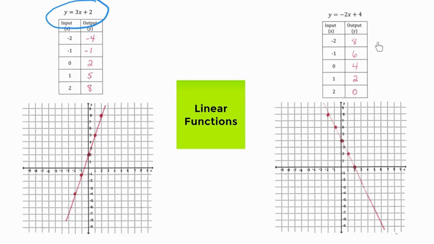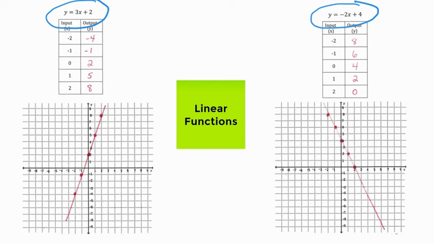Same over here. I'm not going to say too much about it. But when I have this equation, y equals -2x plus 4, I also can create a straight line with it. So this straight line represents y equals -2x plus 4, and therefore y equals -2x plus 4 is a linear function because it creates a straight line.